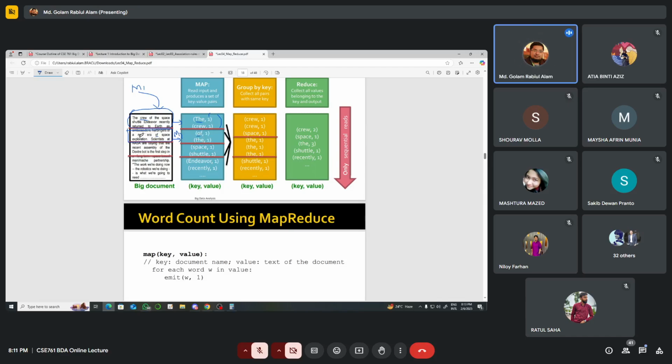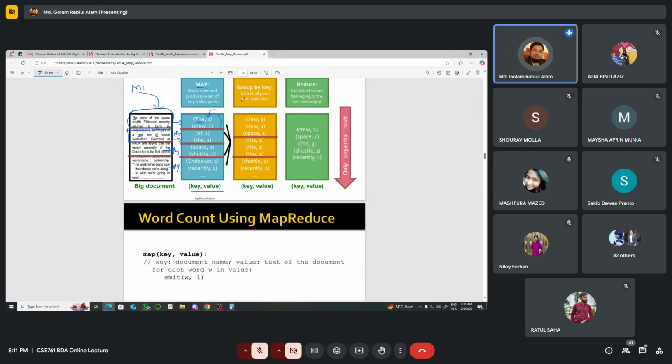Then for each and every word, it will count in key value pairs. Similarly, this part is maybe our M3 and this is our M4. For each and every machine, it will find each and every word, and the value is 1. This is called the mapping.